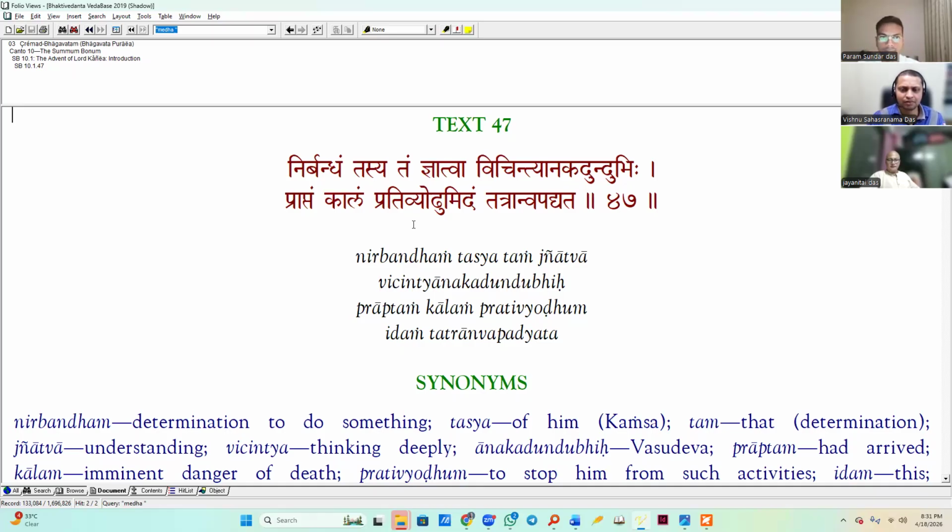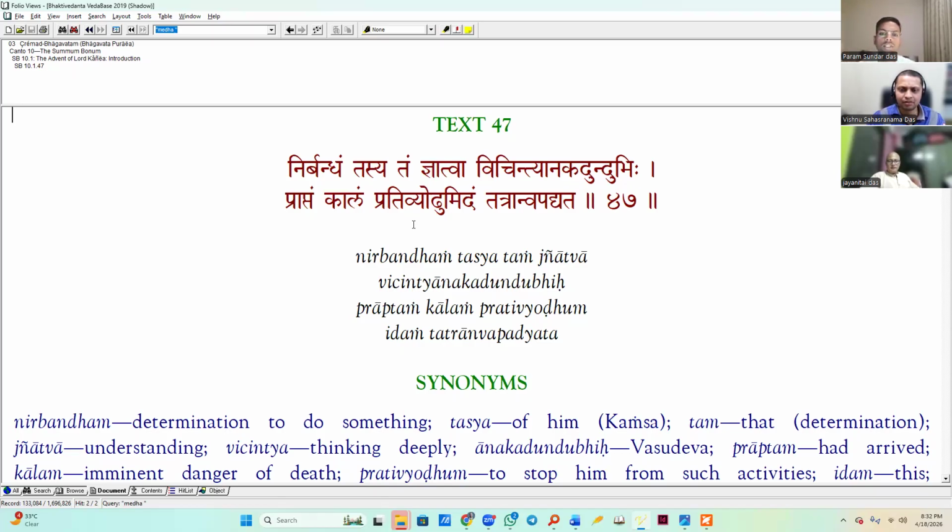He realized that he's not stopping, he will now kill my wife. Tam nirbandham gyatva, having ascertained his resolution basically, that okay, I will kill.